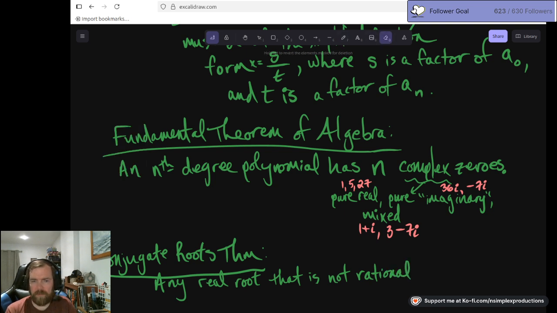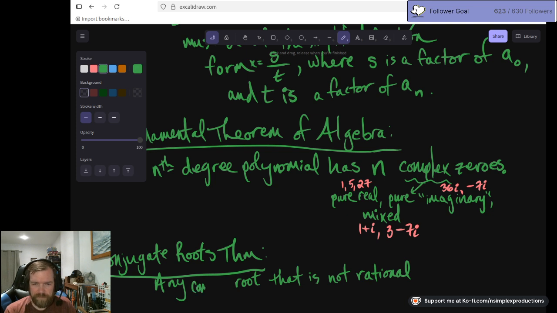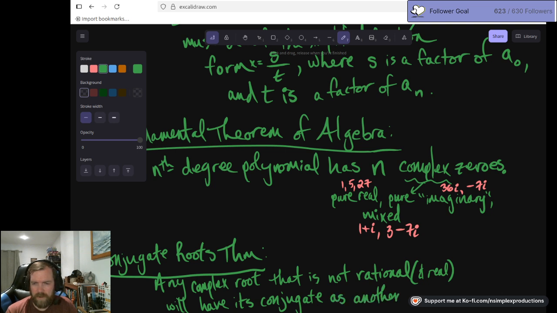It doesn't have to be real. Any complex root that is not rational and real will have its conjugate as another root.